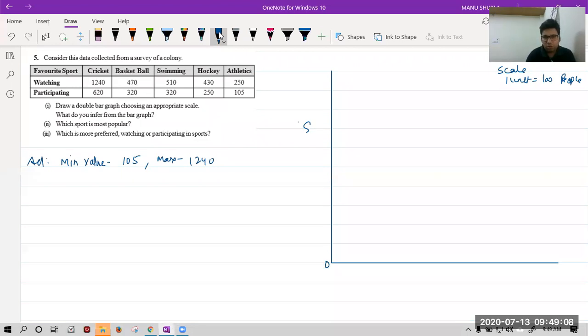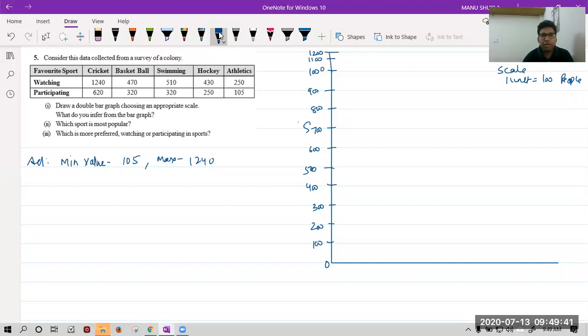So it is 0, 100, 200, 300, 400, 500, 600, 700, 800, 900, 1000. Then you have two more values. I'm making it like this; you can make it correctly. 1000, 1100, 1200. One more is required: 1300. So there are 13 divisions in your scale.